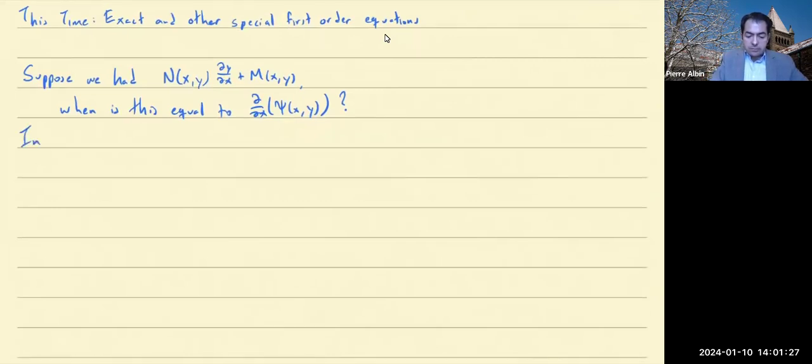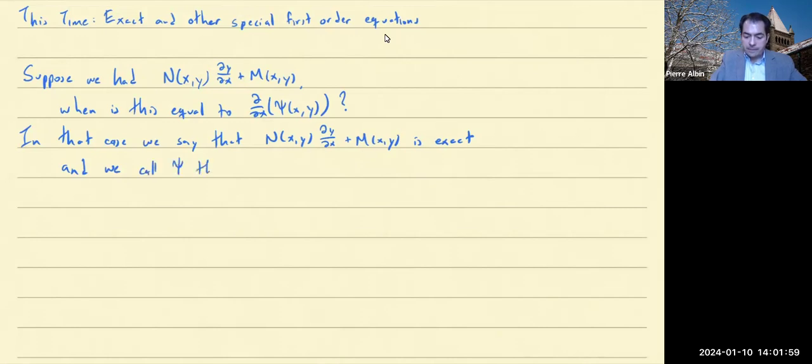Okay, well, we'll figure out when this happens in just a second, but let's give it a name. In that case, we say that this expression, N(x,y) dy/dx plus M(x,y), is exact. And we call this function psi the potential function.